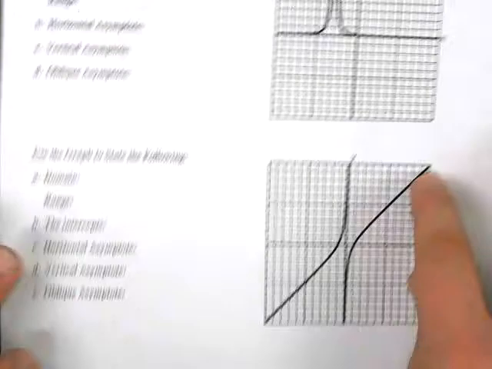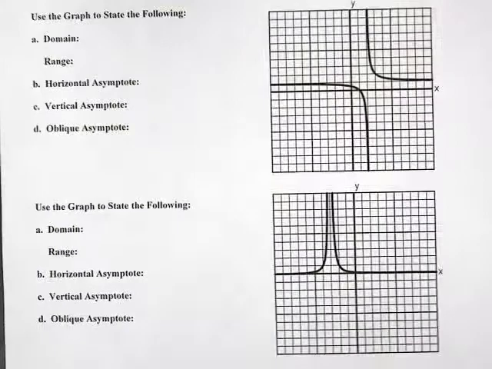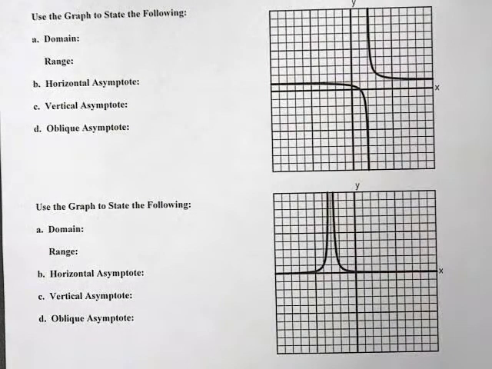Now, next thing we're going to do is examine some graphs. We're going to get real good with domain, range, and asymptotes and whatnot. Maybe if you have a ruler, that would be good to use.